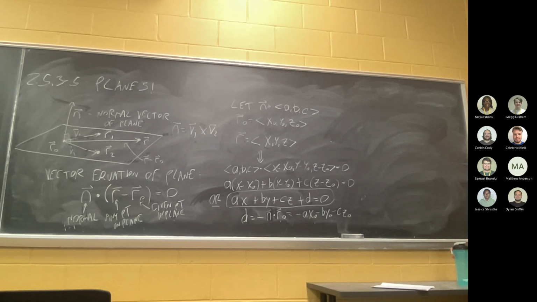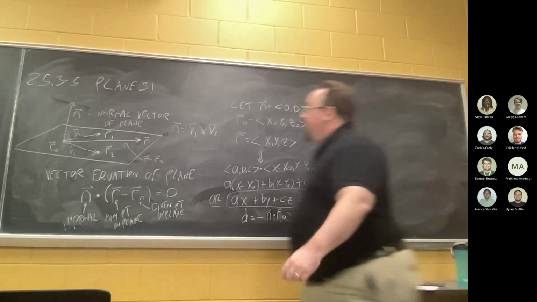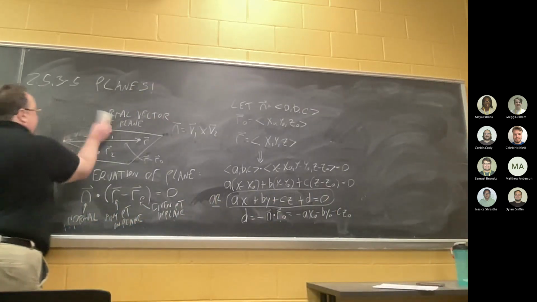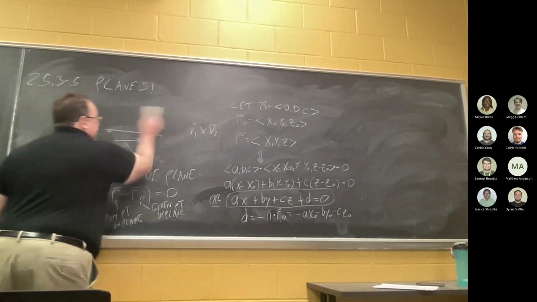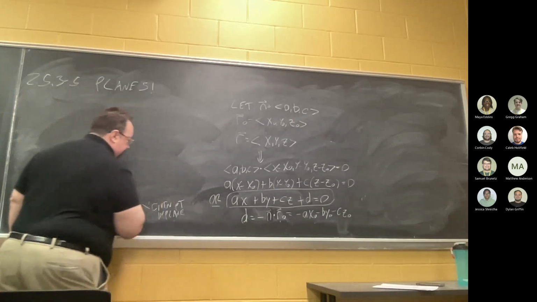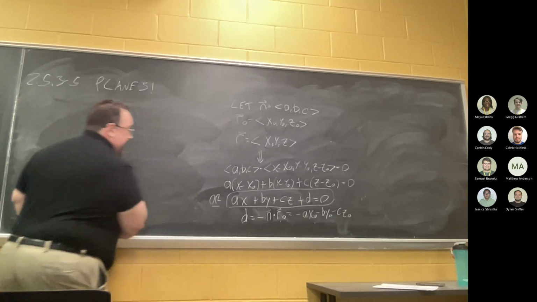Any questions about how a plane is described? Okay. I'll work an example where you're given 3 points, and the goal is to come up with the equation of a plane containing those points.